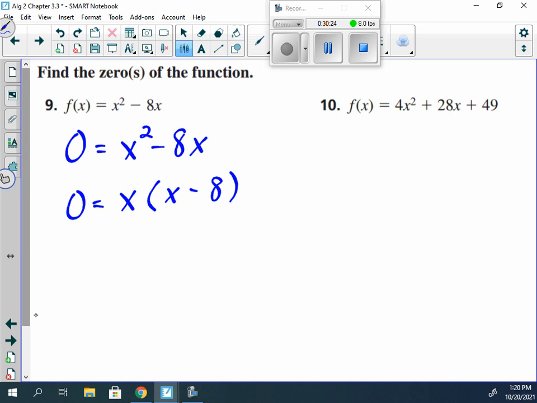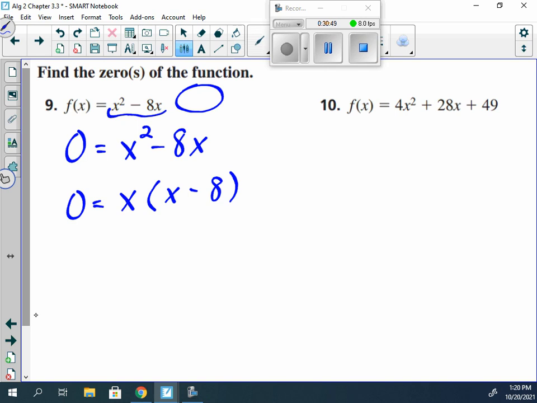All the ones we've done up to this point have had a squared term, may or may not have a term with x, but then we had a constant term, a number without x. Here's the first one we've really dealt with that did not have a constant term, a number by itself, added or subtracted to it. And since we don't have it, between these two there is a greatest common factor of x that we can factor out.